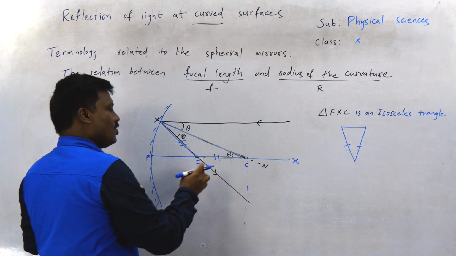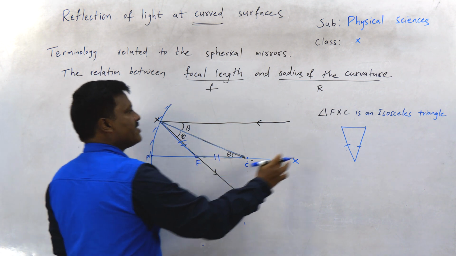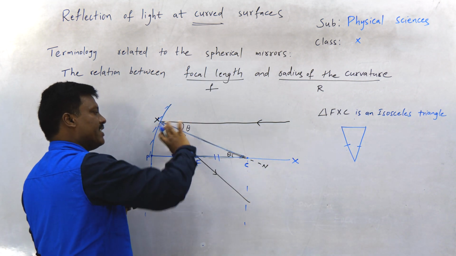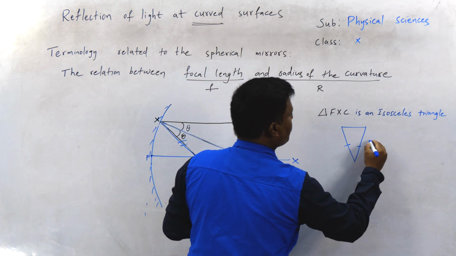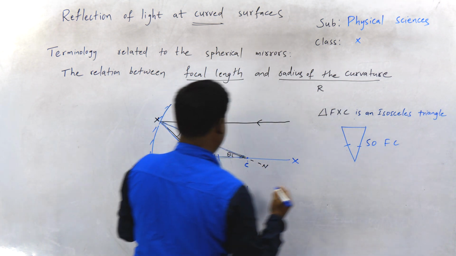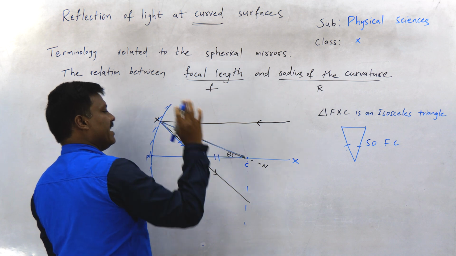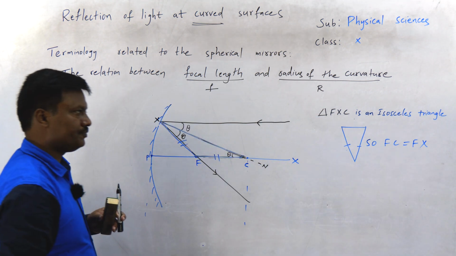Right. So from this, what do we understand? Since this triangle is isosceles, the length of FC and the length of FX are both equal. So the distance between focus and the center of the curvature is equal to focus and X. FC is equal to FX.